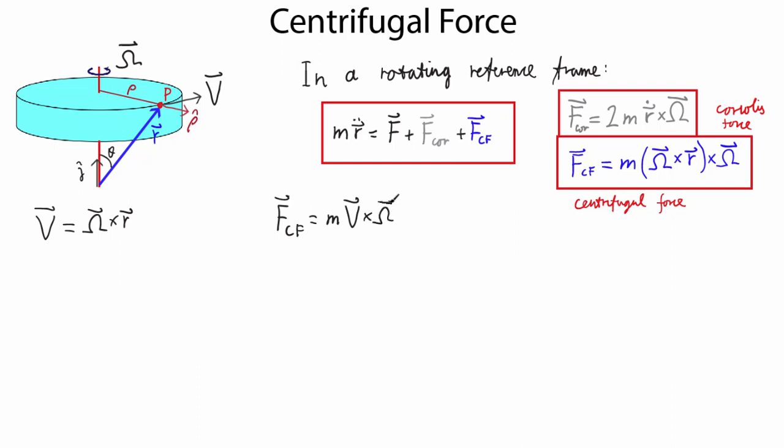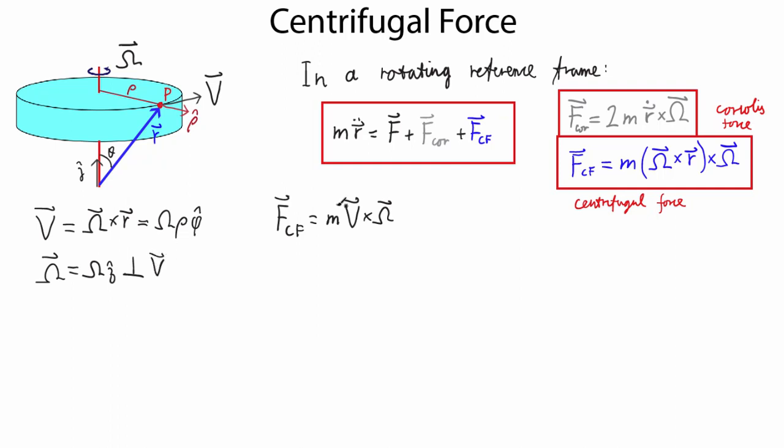cross omega. The magnitude of this velocity is going to be omega times the component of r that's perpendicular to omega. In other words, it is omega rho, and it is in the phi hat direction, tangential to the rotation. Omega is of course omega z hat. That is perpendicular to v.